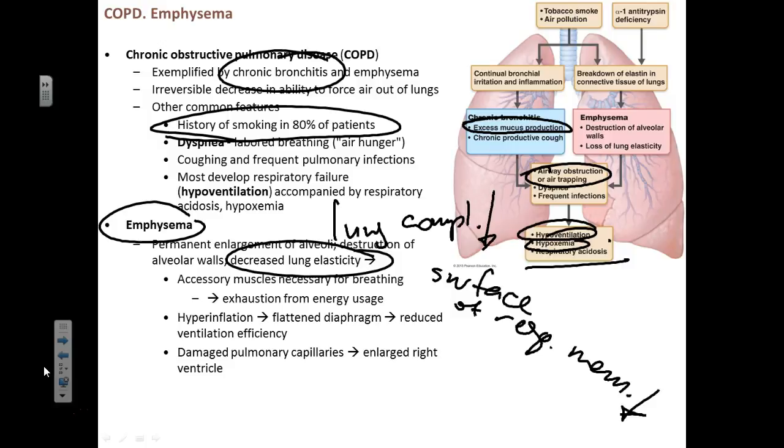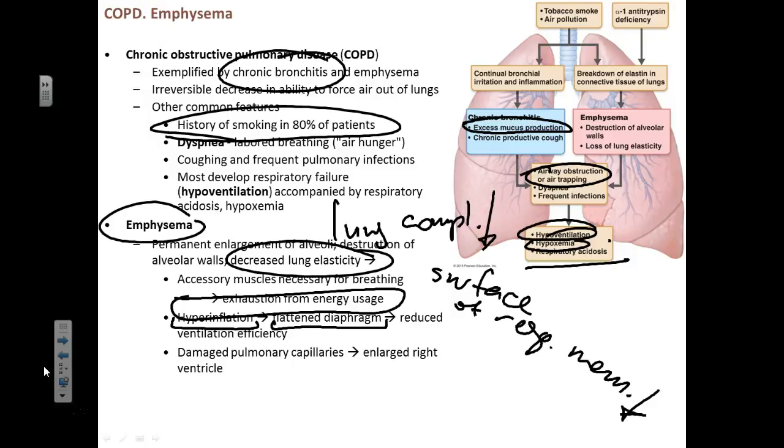When lung compliance decreases, we have to put more energy into breathing, so it becomes tiring to breathe. We have to hyperinflate the lungs, which flattens the diaphragm.